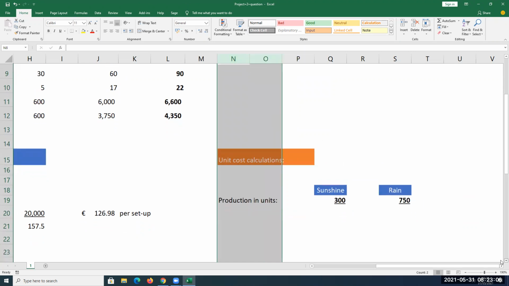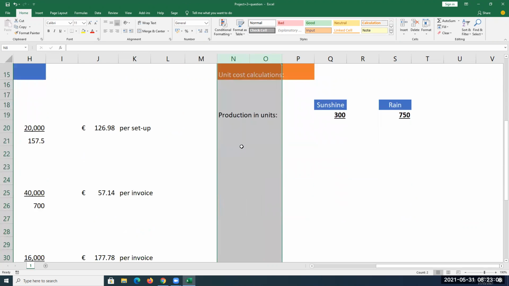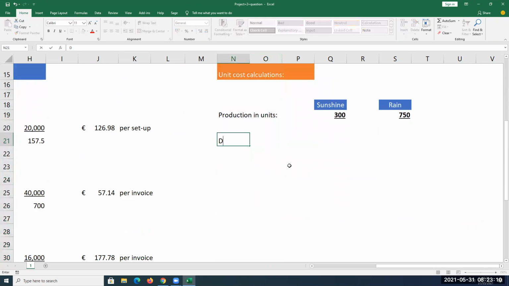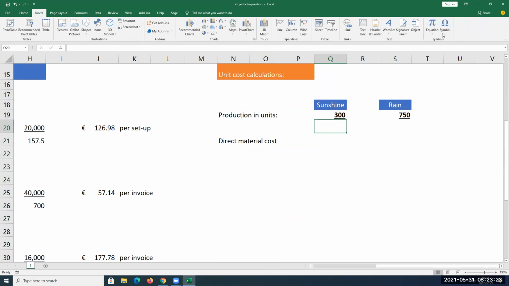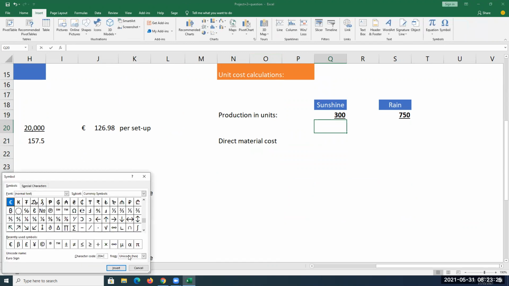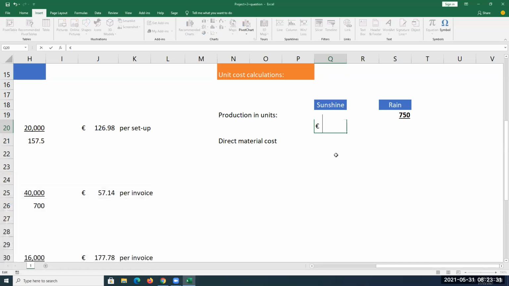Okay. Now, first of all, direct material cost. Material cost. Okay. Now, all these calculations are per unit, in euro per unit.